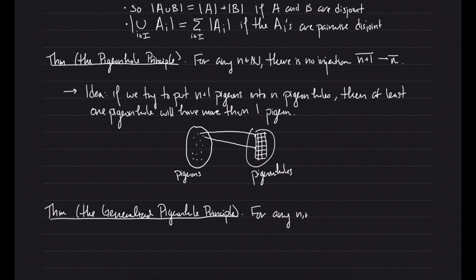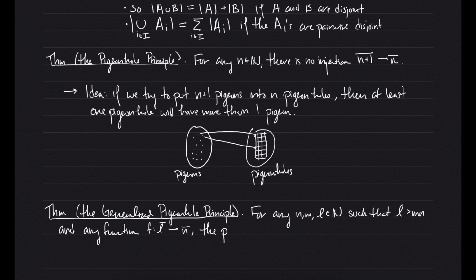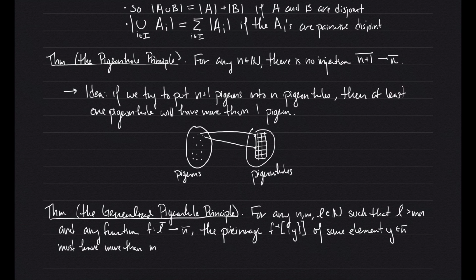If we have 3 natural numbers, and L is bigger than m times n, and if we have a function f from L bar to n bar, then the pre-image of one of the elements in the codomain, so of some element y in n bar, must have more than m elements.